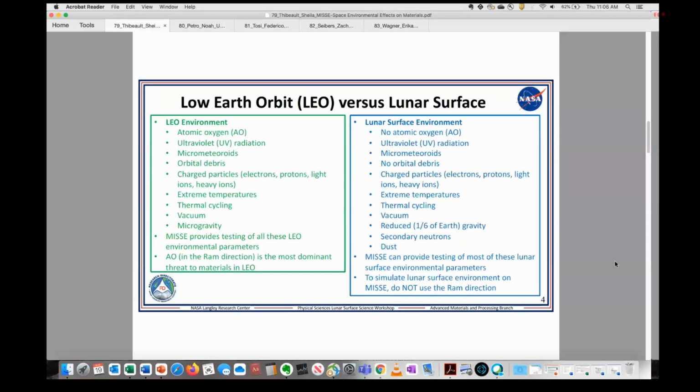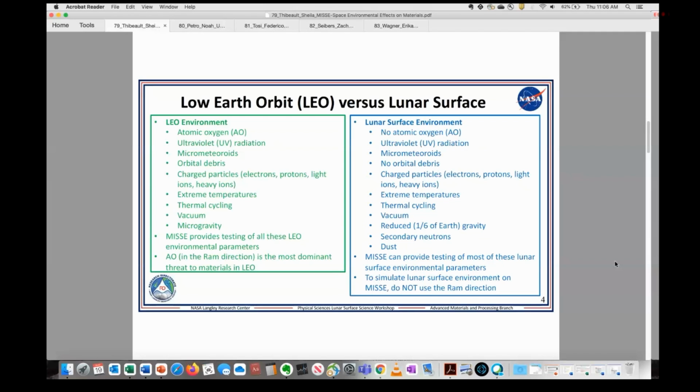There is microgravity in LEO, but then there's reduced gravity on the lunar surface, on Moon, about 1/6 that of Earth. In addition, on Moon, we do have secondary neutrons and dust. We've been hearing a lot about dust in this workshop.